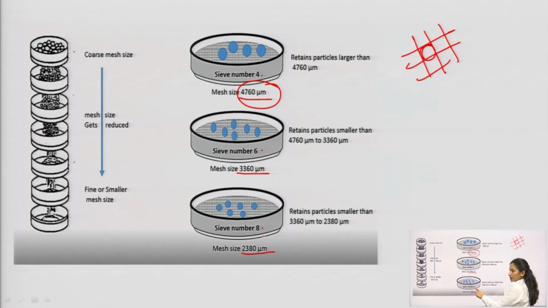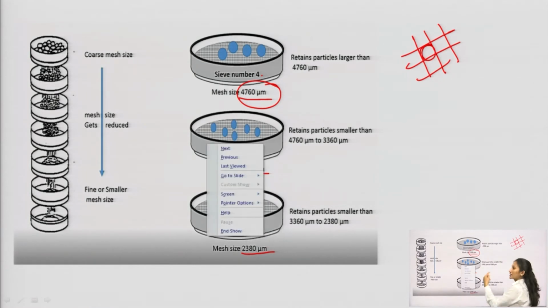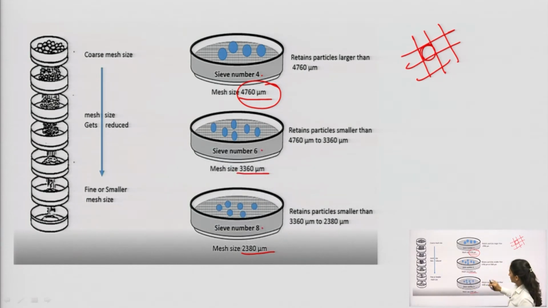Here the sieve number is 8, the larger sieve number, but the mesh aperture size is 2380. That means mesh aperture size and sieve number have an inverse relation. If the sieve number is 18, it has a bigger aperture size as compared to sieve number 40.